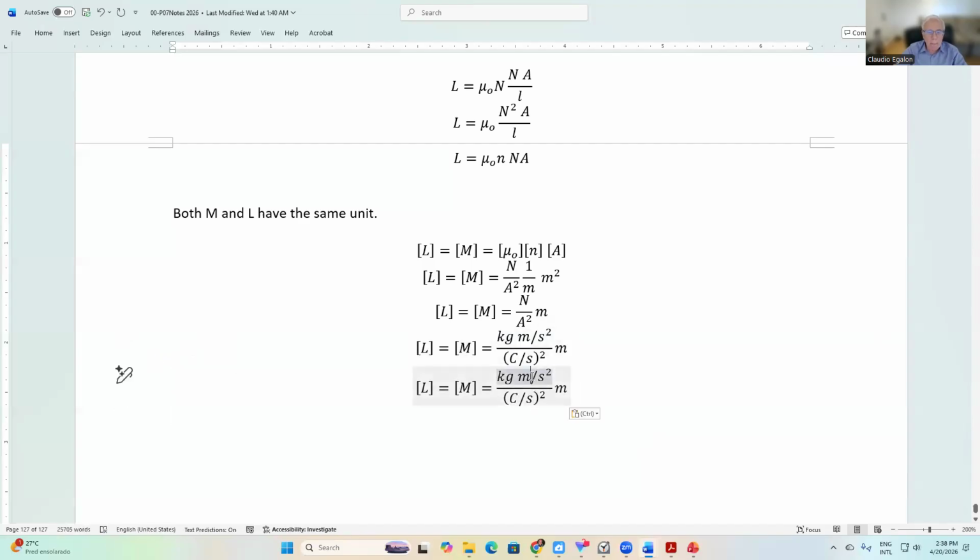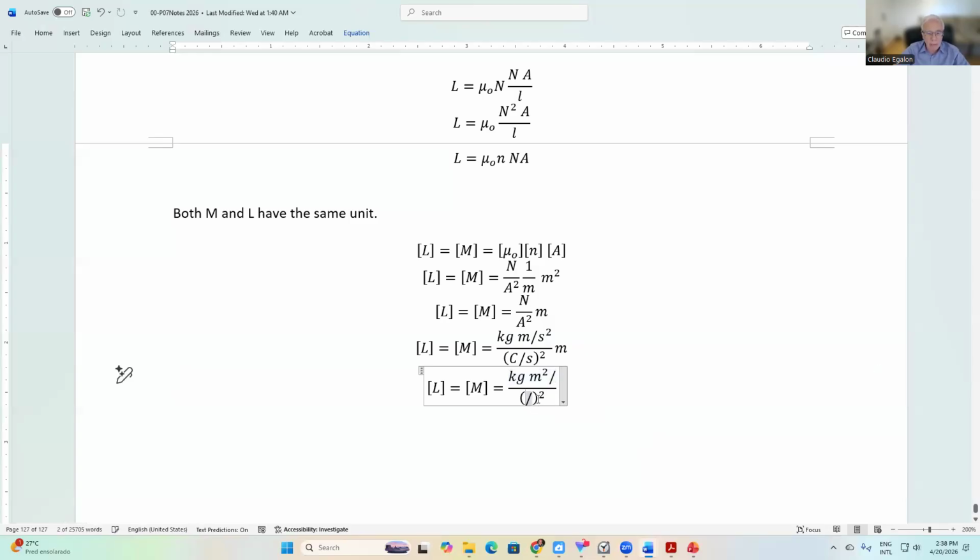That's the main SI unit, meter combined with meter, with this meter here. This second square cancels out with the other second square that's here. We are left with Coulomb square.